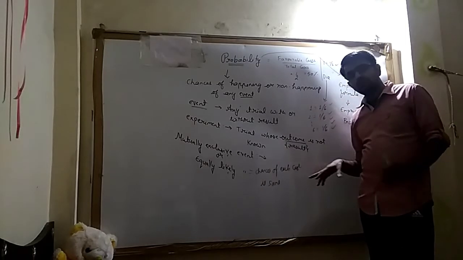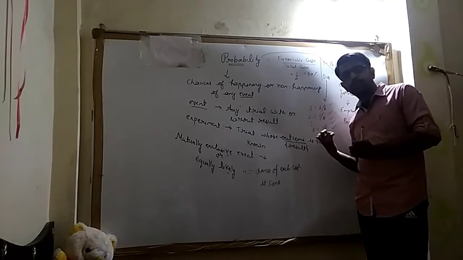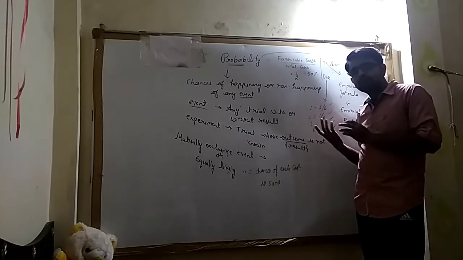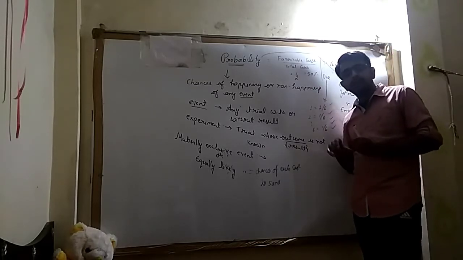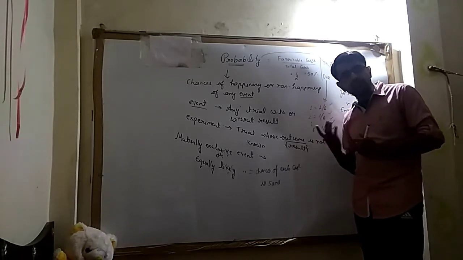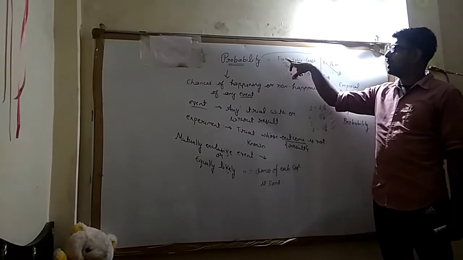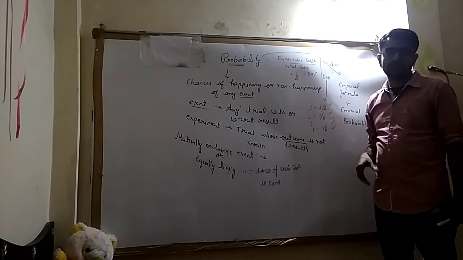Whenever the chances of each case are the same in any experiment, we say that the outcomes of that experiment are mutually exclusive, and for such experiments only, we can use the formula of probability, which is favorable cases upon total cases.